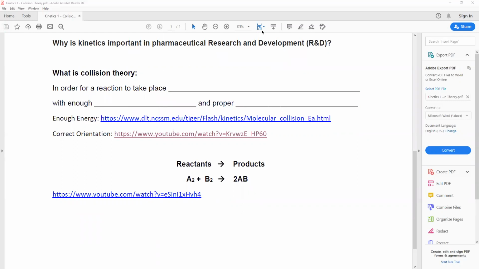What do they mean when they say collision theory? Well, the word says it, collision. Reactant particles must collide for a reaction to take place.